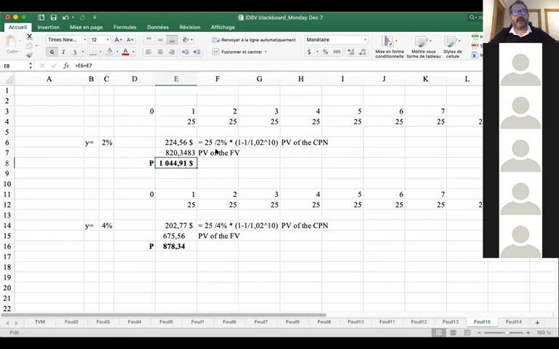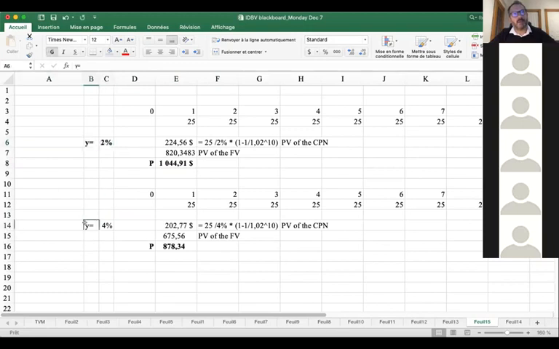So now, people from Hanoi should have found 1,044.91. I think Hanoi was for the 2% and Ho Chi Minh City was for the 4%, so 878. So what does it mean? Let's summarize.